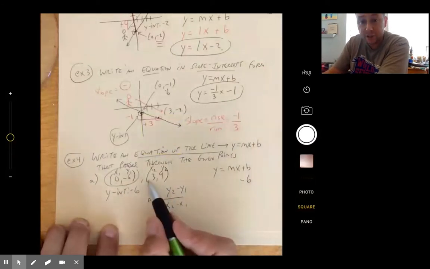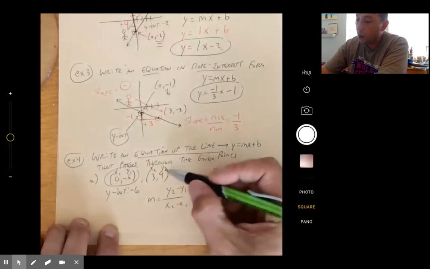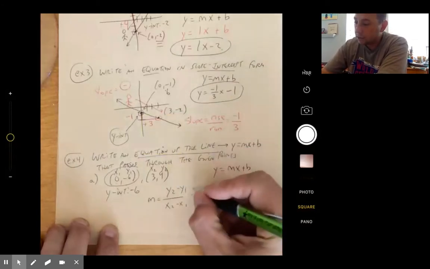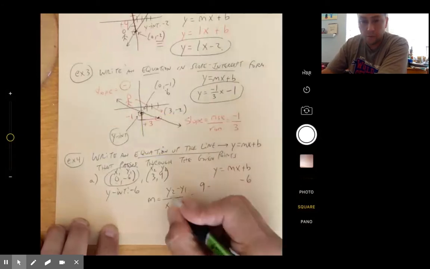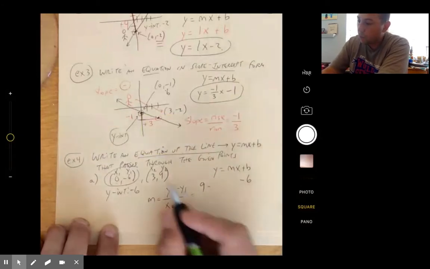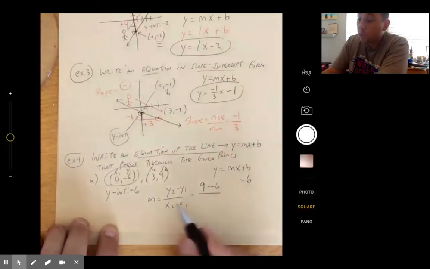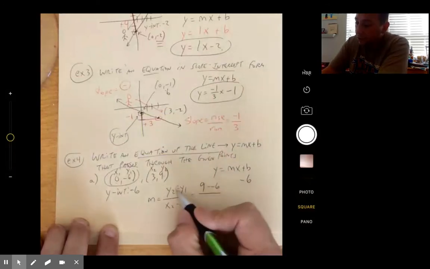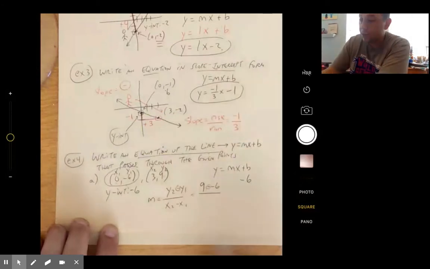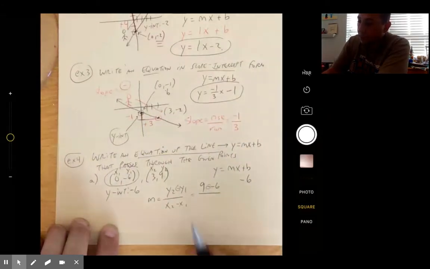Now we're going to take these numbers and plug them in. Y2 is 9, so I'm going to plug that in place of y2. Y1 was -6. Notice there was a negative here, so that means you're going to get double negatives.